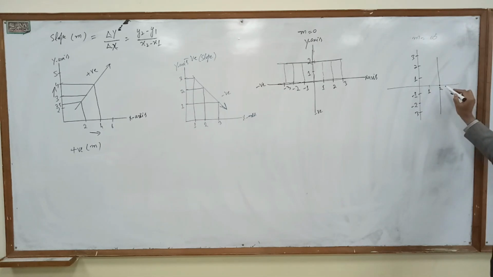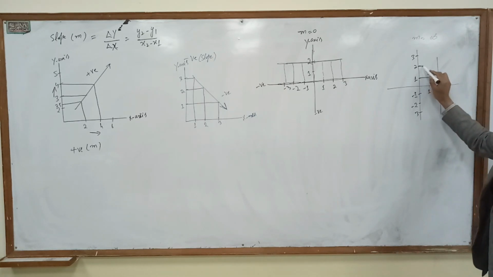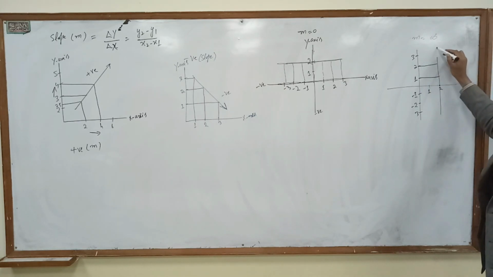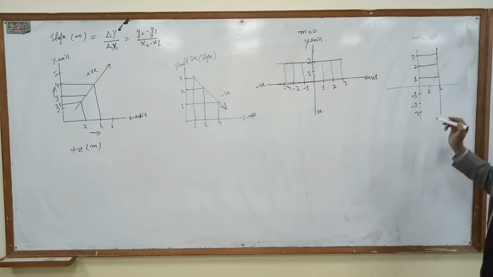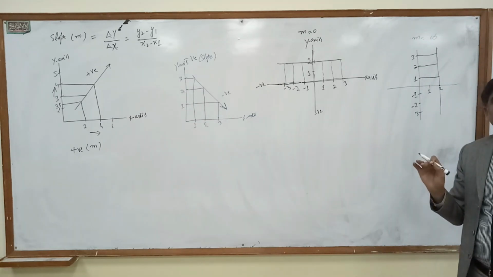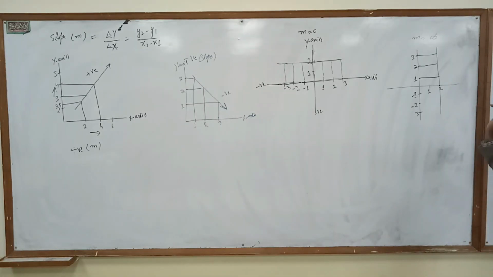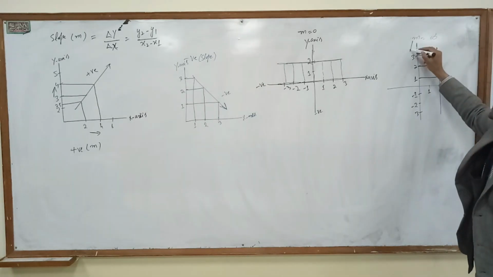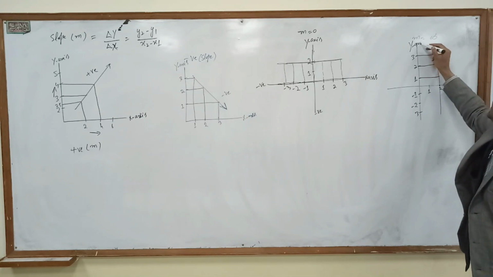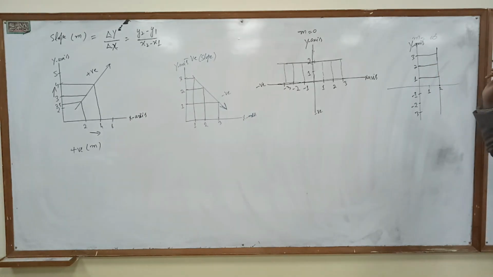If, for example, price is 2, output is 1, price is 2, output is 2. So output is going to be changed not due to change in input. Input is fixed, but output can be changed. Then we can name it undefined slope, or we can name it infinite slope. X-axis and y-axis. Concept clear?